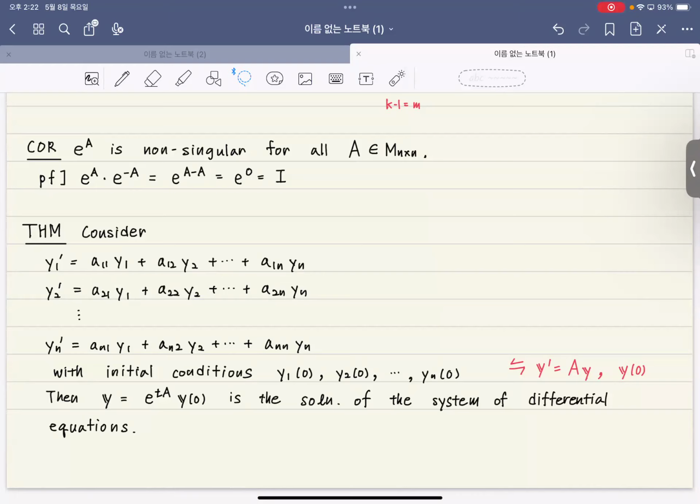Then taking the matrix exponential of this times the column vector consisting of these initial conditions should be the solution of this differential equation. Right? Also, I have to mention that A11, A12, A21, A22.